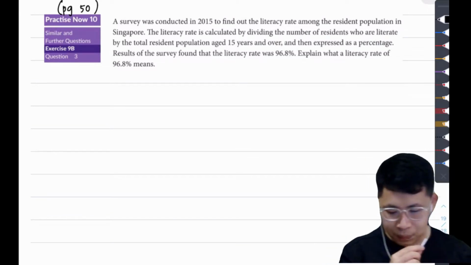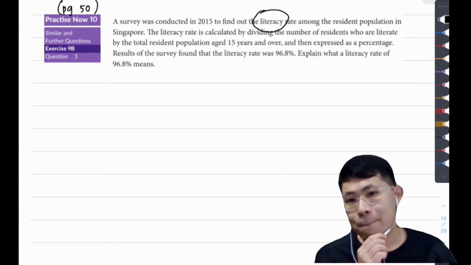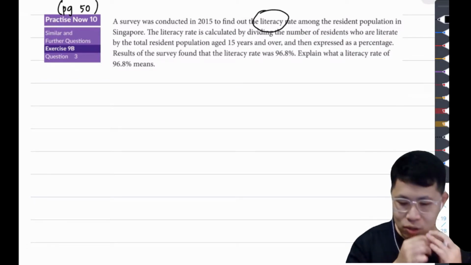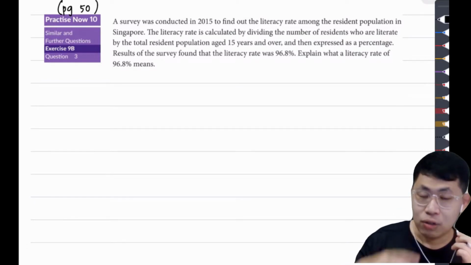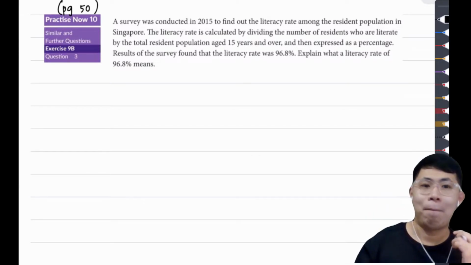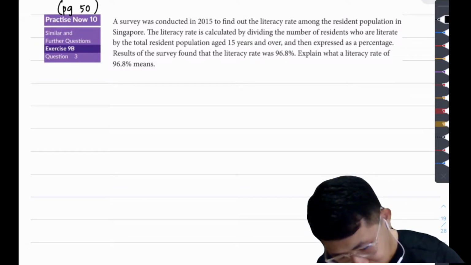Okay, very mouthful. So what do we mean by literacy? Literacy means the ability to read. So we are looking at the percentage or the rate of how many people are able to read well. And they gave us the formula above.